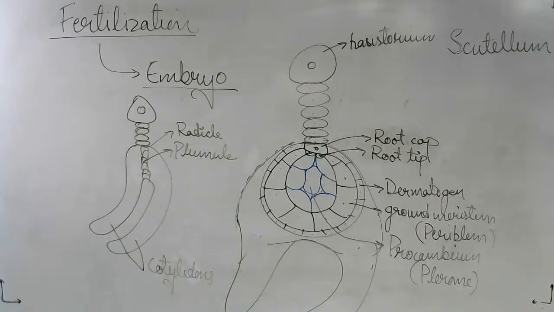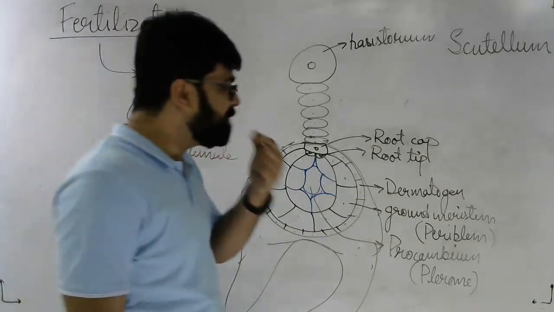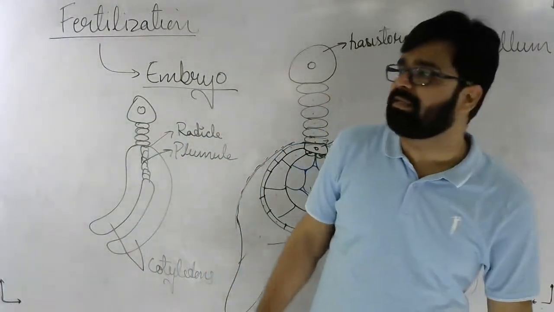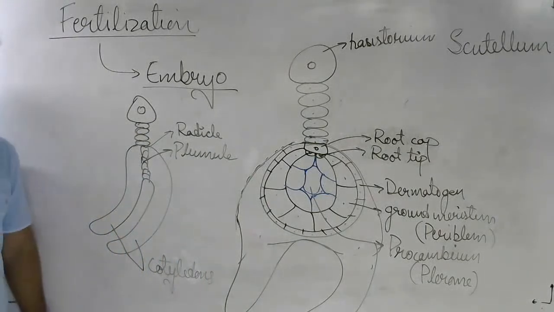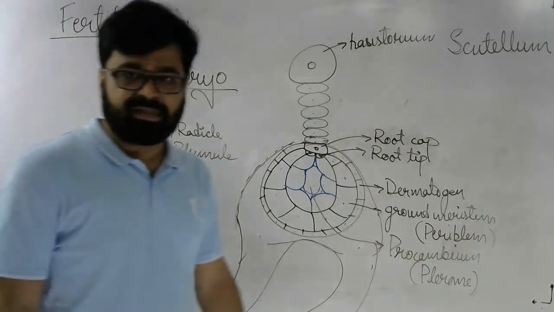And the plumule and radicle are also covered by a membrane: the shoot apex is covered by coleoptile and the radicle is covered by coleorhiza.